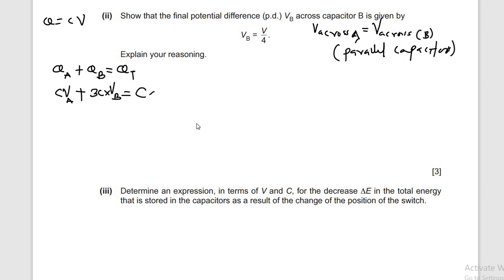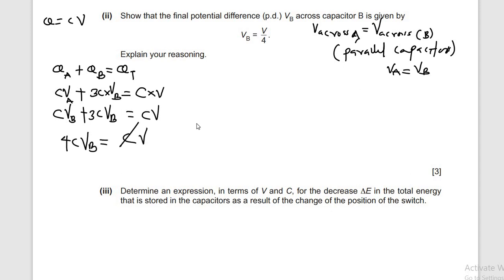That will be the total capacitance times total voltage. Remember that the voltages are the same since they're in parallel. So I can say VA is the same thing as VB, equal to CV. This gives me 4C VB equal to CV. C cancels C. So the voltage across B is V over 4. That's what the question is trying to ask us to do.